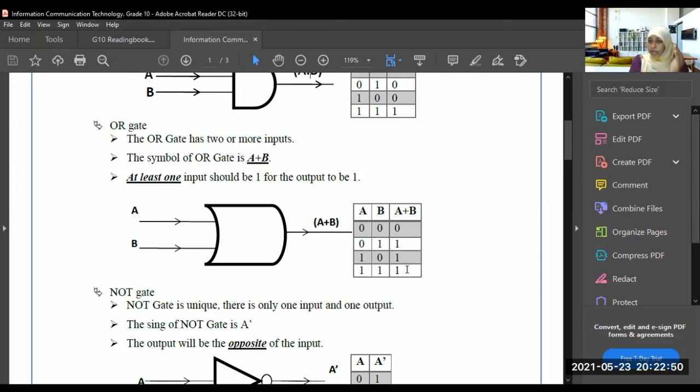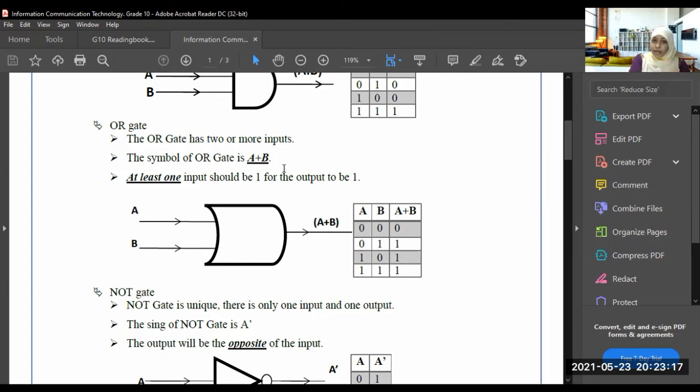That means 0 or 0. Both of the inputs should be 1 if you want the output to be 1. So here 0 plus 0 is 0. 0 plus 1 is 1. 1 plus 0 is 1. And also 1 plus 1 is 1 here, right?